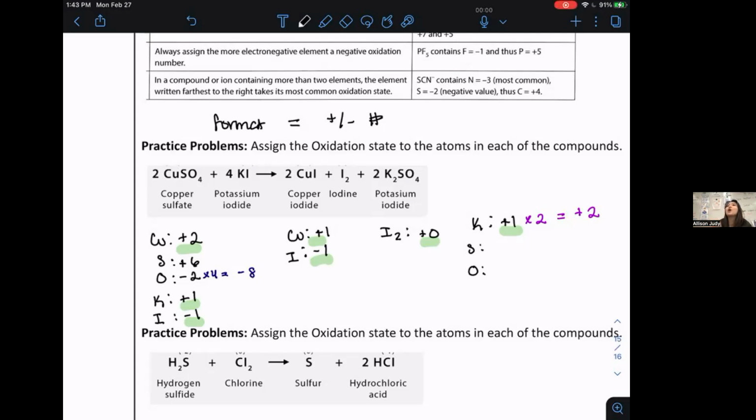But if you're dealing with polyatomics, you have a group of atoms carrying that charge, which means the group of atoms' oxidation state must match the charge. So what's the charge in this case? Sulfate, SO4, 2-.